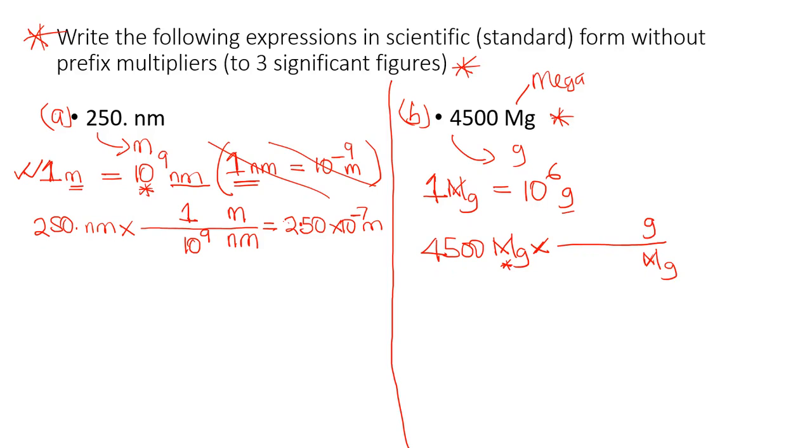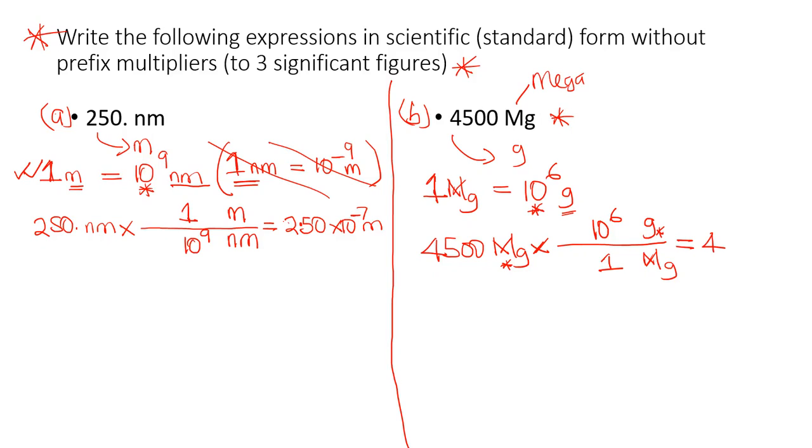But gram goes with 10 to the 6, so I put 10 to the 6 with the gram here. Megagram goes with 1. Then I just multiply the two, and I want my answer to 3 significant figures.